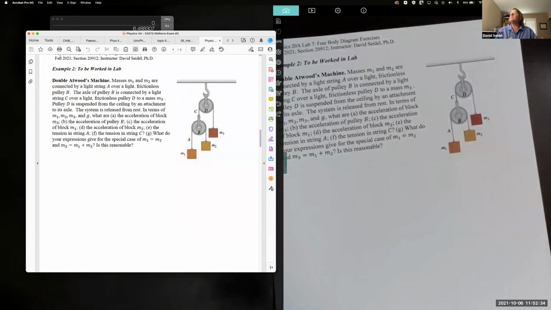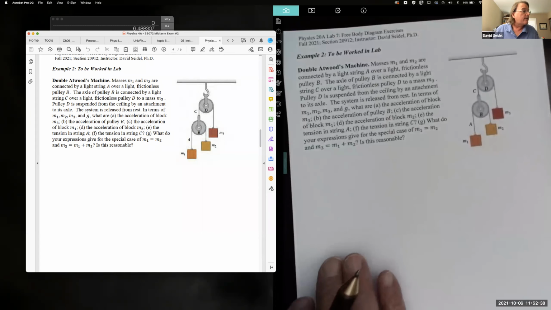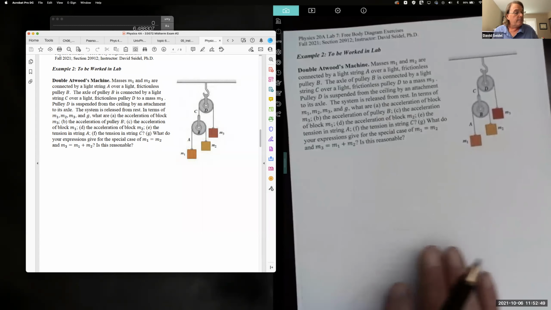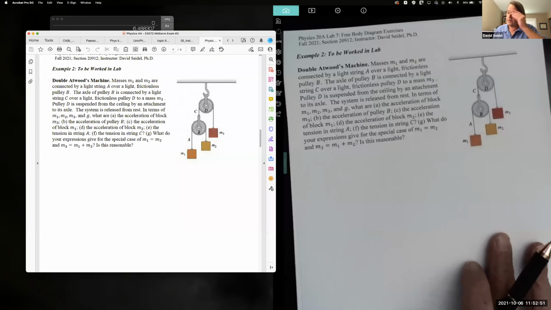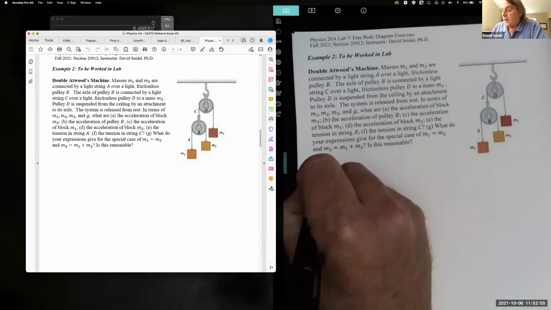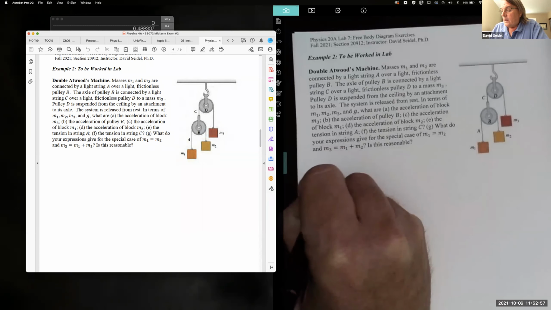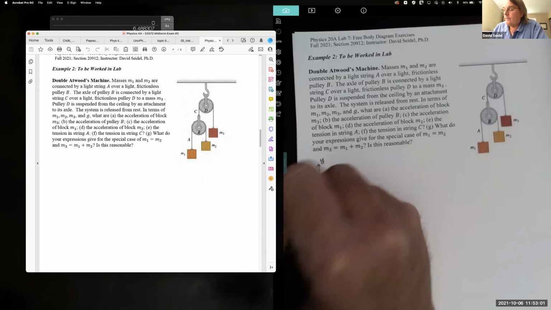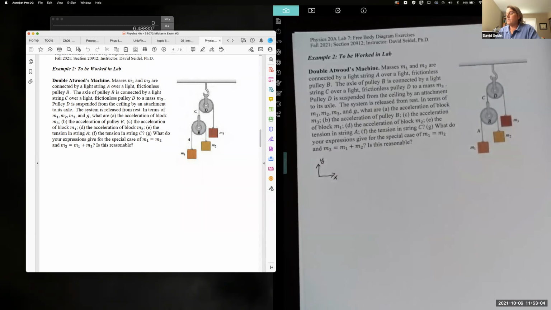There are ways to simplify the problem as you move through, but I want all the free body diagrams. So I'm going to do the free body diagrams for each of these. And I'm not going to put in my acceleration vector first. First off, I'm going to choose a coordinate system. And I'm going to choose my X and Y, Y being up.